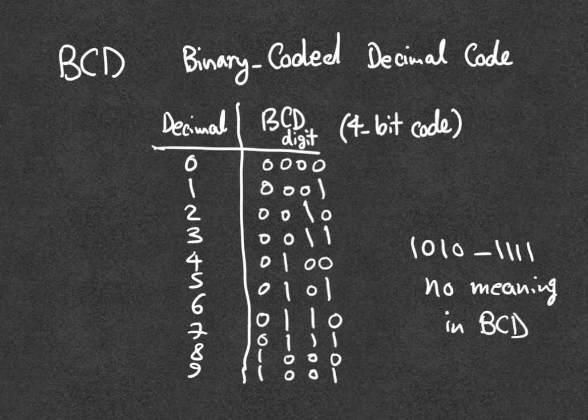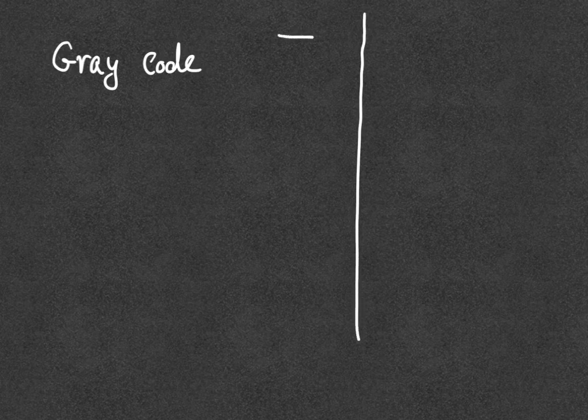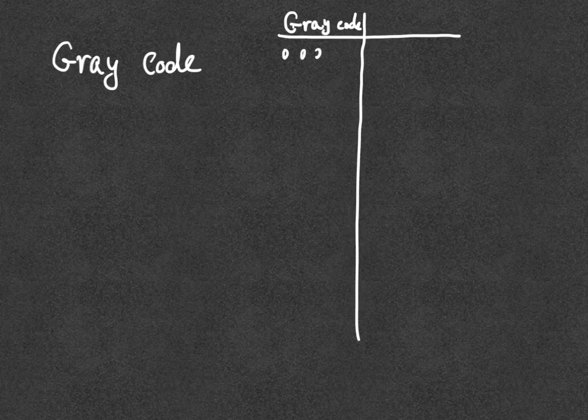There is another very famous code, the Gray code. I can show it in this table. The Gray code starts from 000, and this is the decimal, 0 to 15.